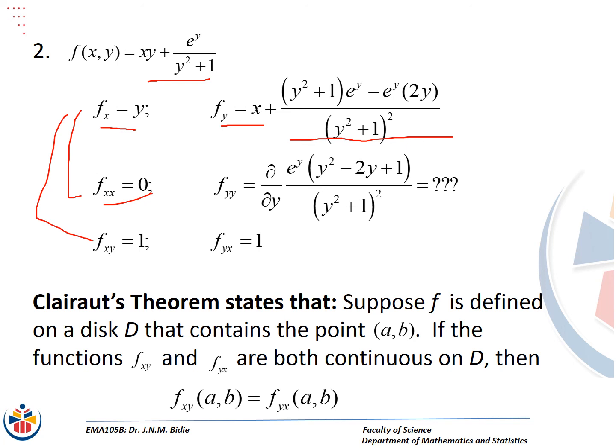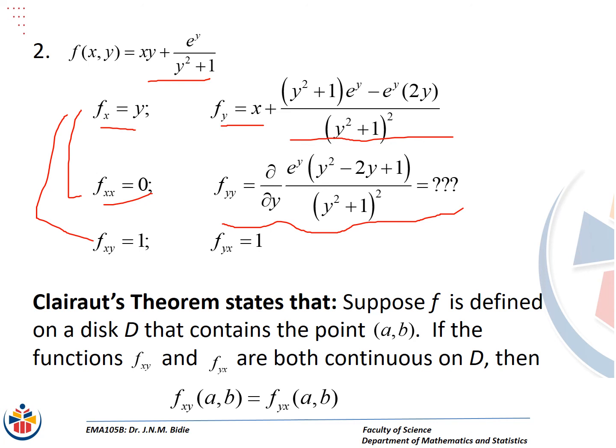Now going for the second derivative with respect to y, I've left it with a question mark because I would like to see how you are going to find that second derivative.